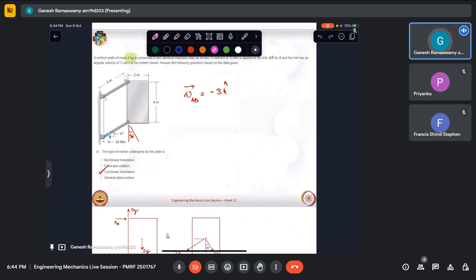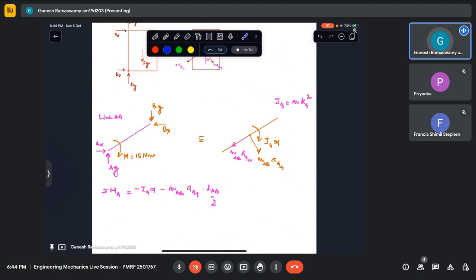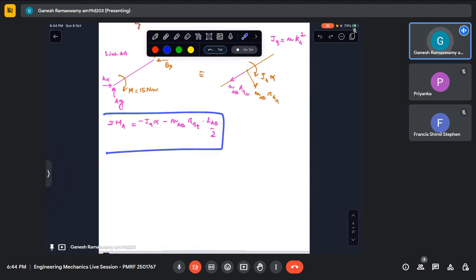See, this is a combination of different rigid bodies. As we have discussed, one rigid body can have only one omega, one alpha. But we are presently talking about an assembly of three rigid bodies. So don't confuse the alpha of this link with the non-existence of alpha for the plate. Both are two different things. By virtue of this link, the plate is undergoing curvilinear translation. So we have written this equation.